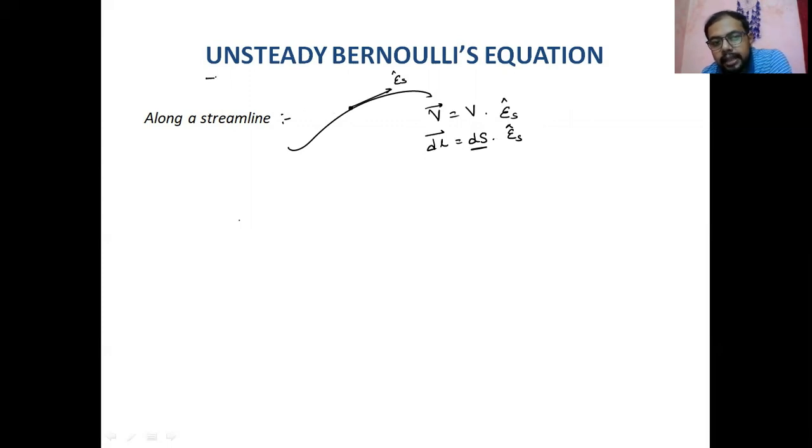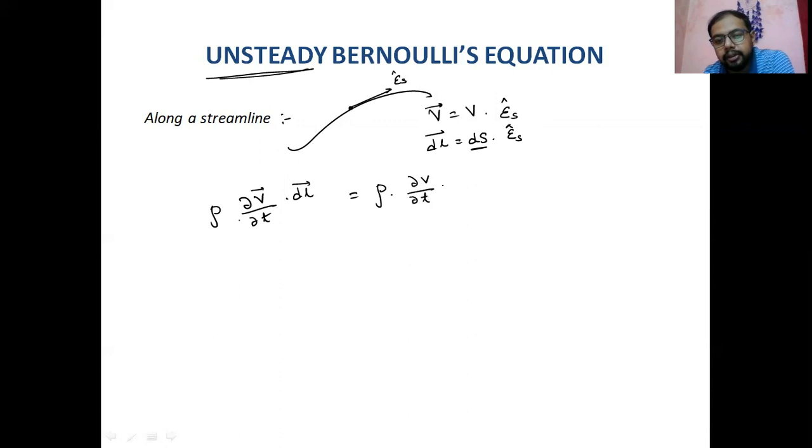As the flow is unsteady, this part will not be zero. Which part? Rho del V del T dot dL. So what are these values?